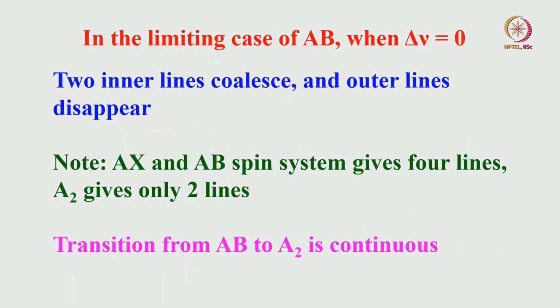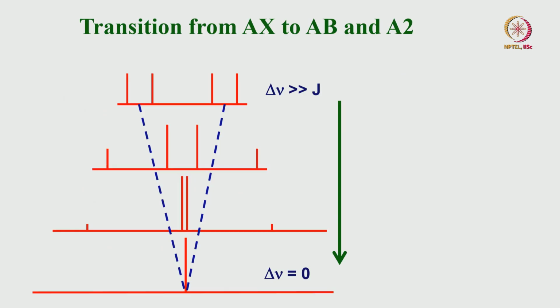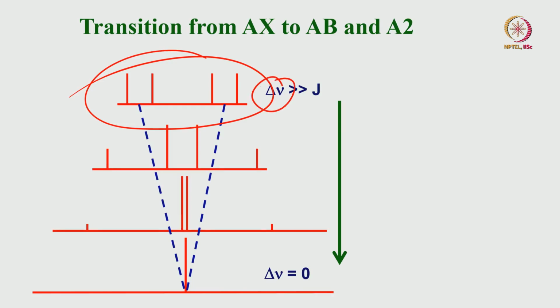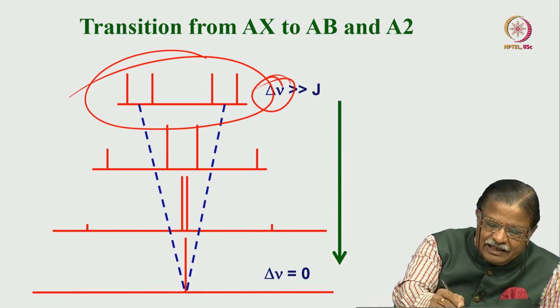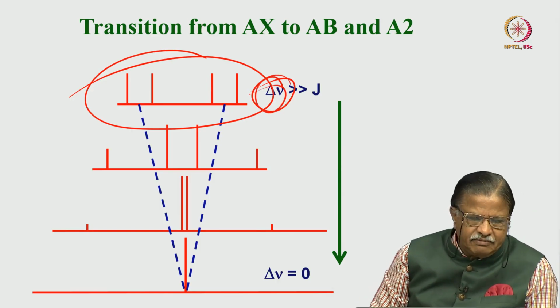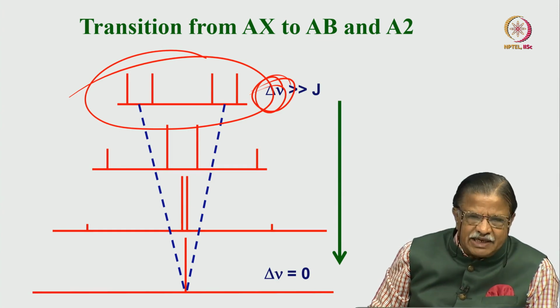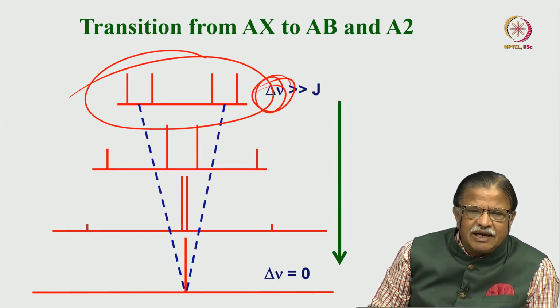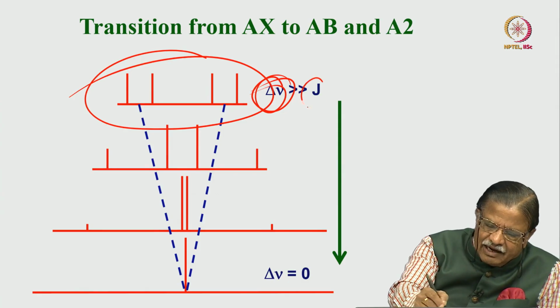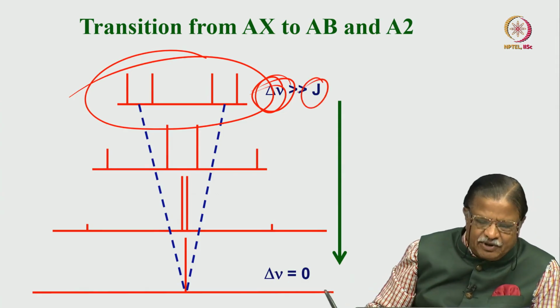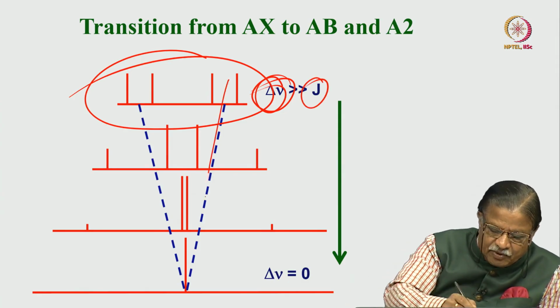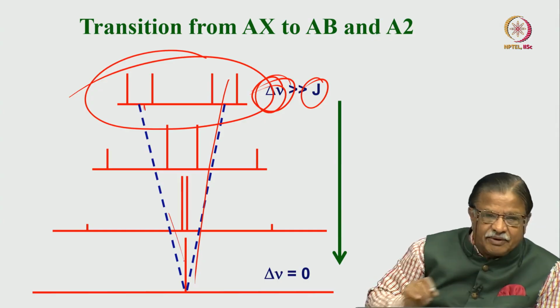Okay, so how it goes, I will show you in this graph. For example, this is the AX case where 4 lines are of equal intensity, and in this case delta nu is very much larger than J. Let us find out what happens as the chemical shift difference delta nu between the 2 spins A and B becomes smaller and smaller, almost comparable to the J coupling. You see what is happening smoothly. You can trace the curve.